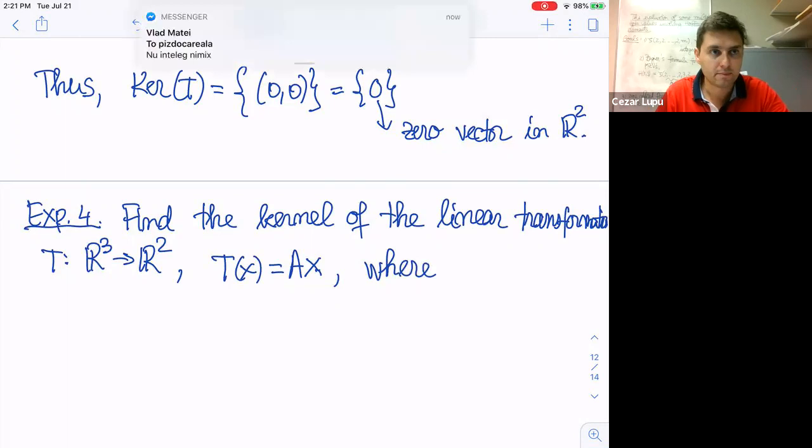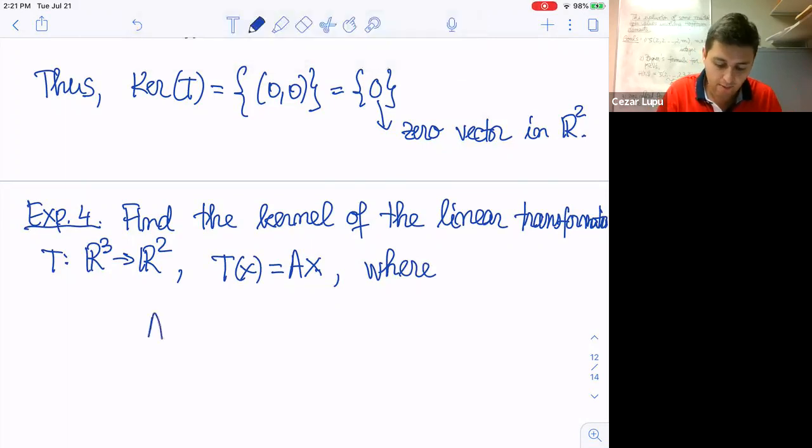where A, oh my, just give me 1 second. So when my matrix A is given by the following, just 1 second.